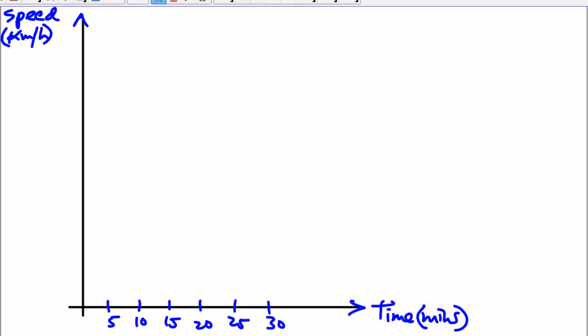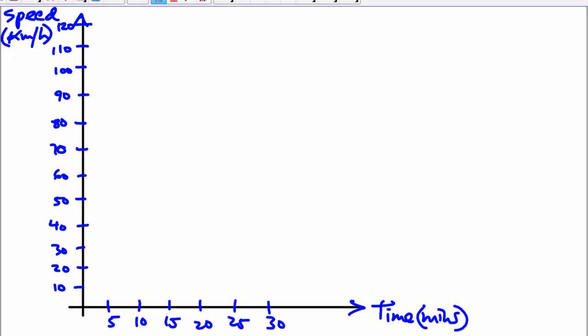Then vertically, I'll have 10, 20, 30, 40, 50, 60, 70, 80, 90, 100, 110, and 120. Okay, just trying to fit this on this graph.